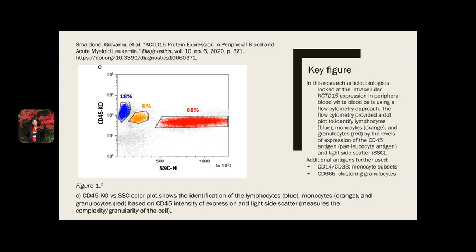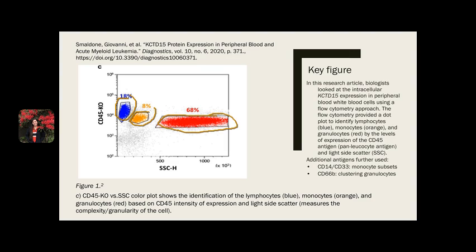The light side scatter measures the complexity and granularity of the cell, which is the inner part of the cell, and the CD45 intensity or expression helps with identifying the specific types of cells: the lymphocytes in the blue, the monocytes in the orange, and the granulocytes in the red.